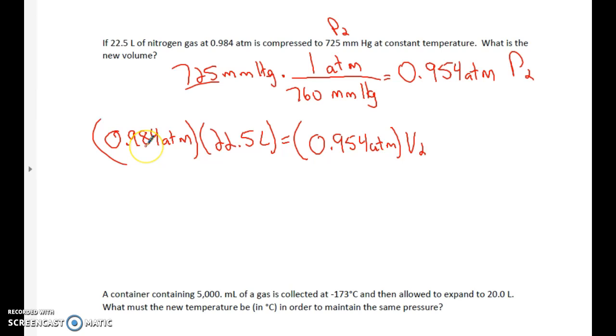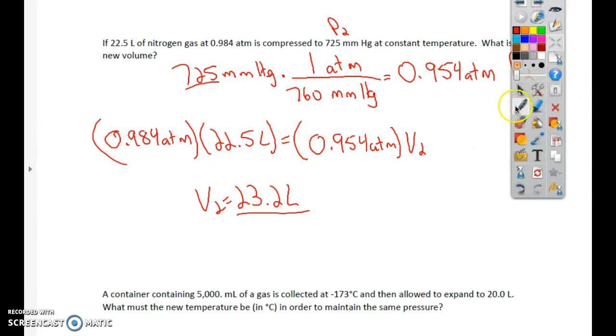Multiply 0.984 times 22.5, divide by the 0.954. You should still get the same answer for V2, 23.2 liters, rounded off to 3 significant digits. All right, so that was a Boyle's Law problem. I'm going to erase this and scroll down and do another problem.